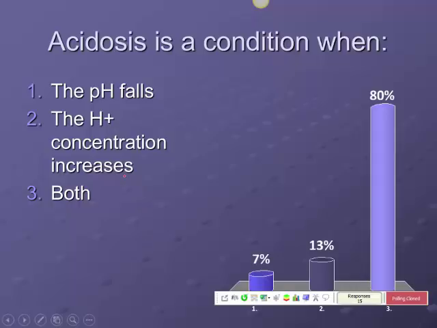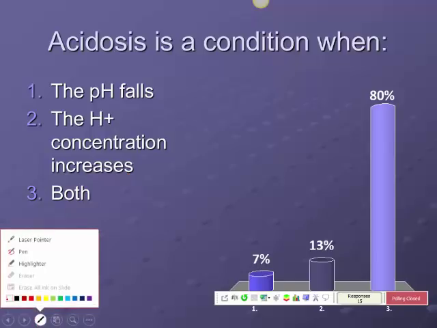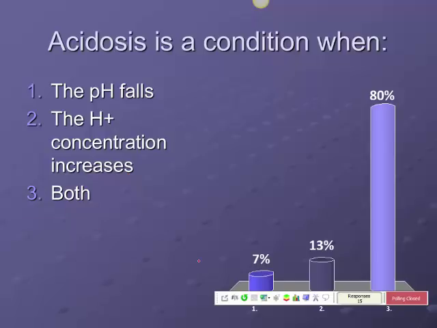It is both, yes, it is both. And remember this, this is a concept you must remember. When I say pH falls, I'm talking about the pH number, the way you would express it, between 0 to 14. So in acidosis, it is anything between 0 to 7. So when someone's pH is 7.35, if it falls, then the number falls, okay?